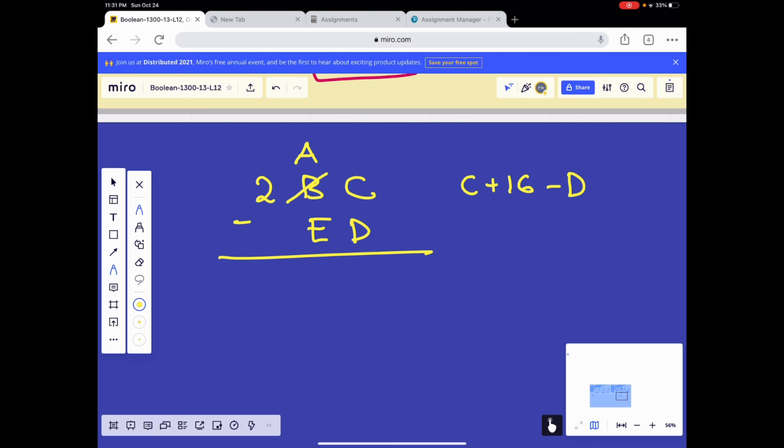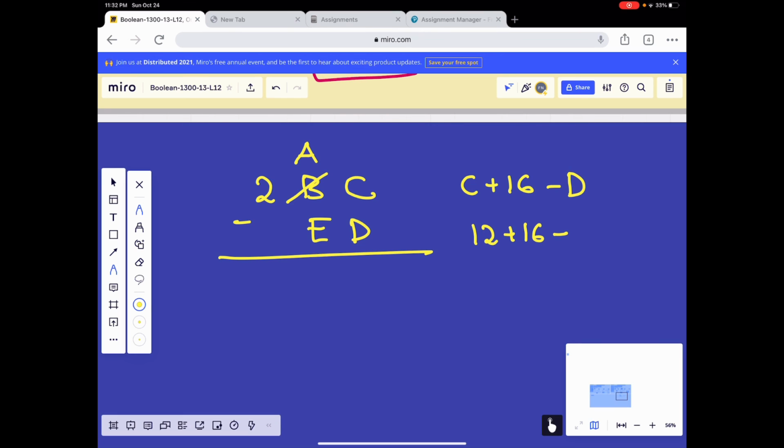A is 10, B is 11, and C is 12. So write out 12 plus 16 equals 28, and subtract D. D is 13.